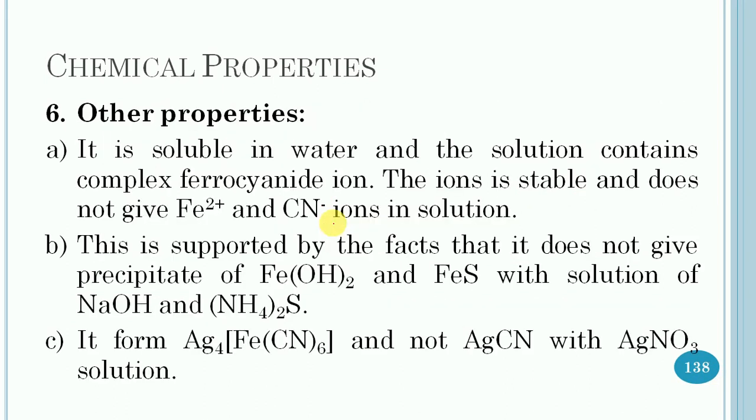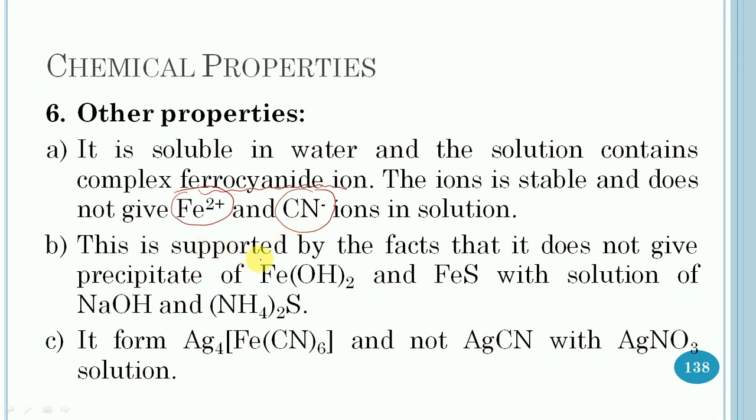Other properties. It is soluble in water and the solution contains ferrocyanide ion only. The ion is stable and it does not give free iron 2 positive and cyanide ion in the solution.